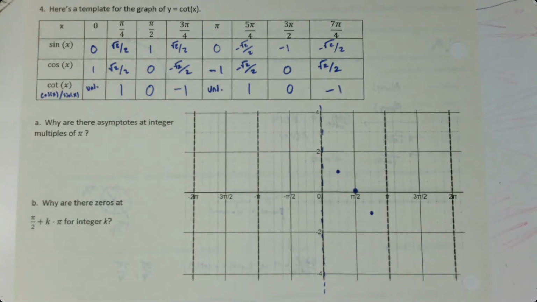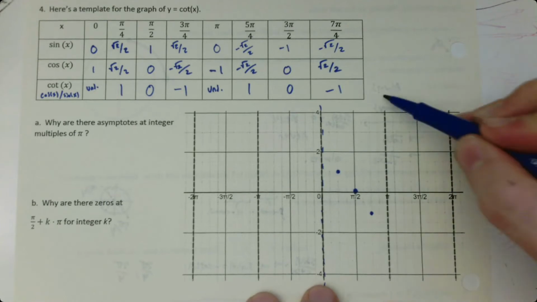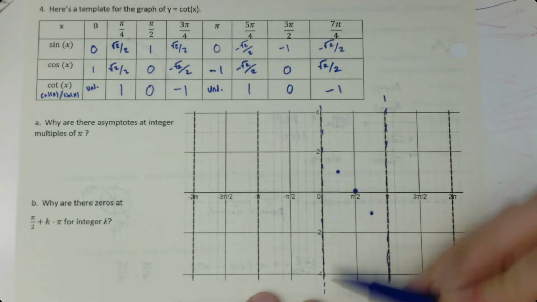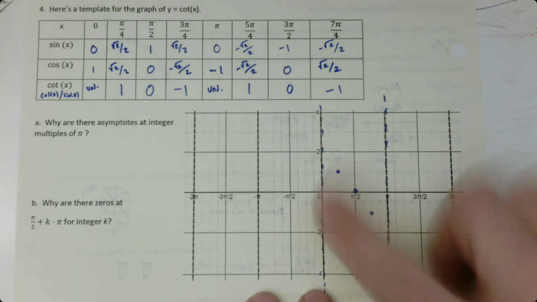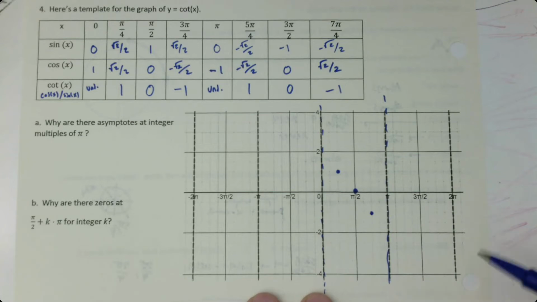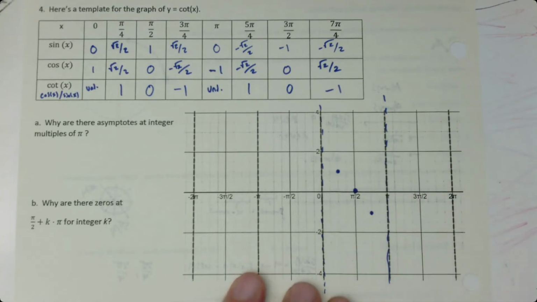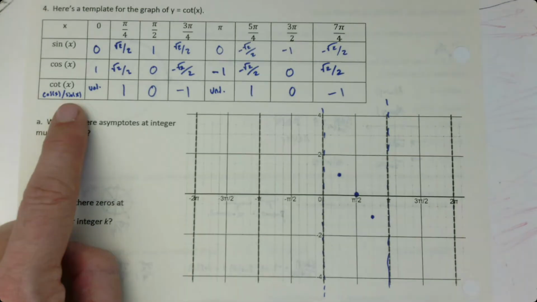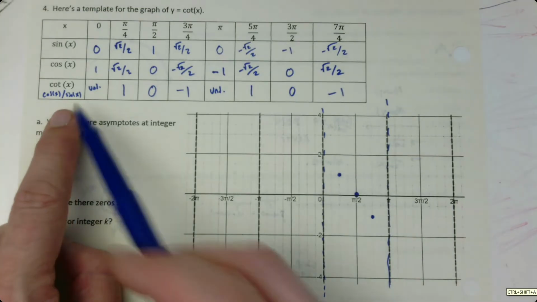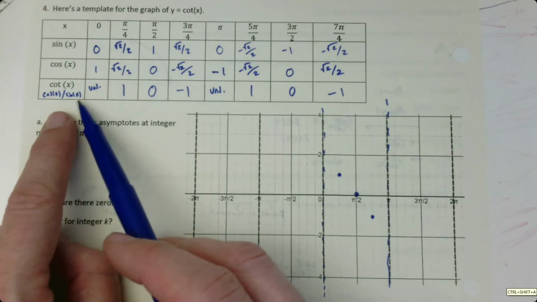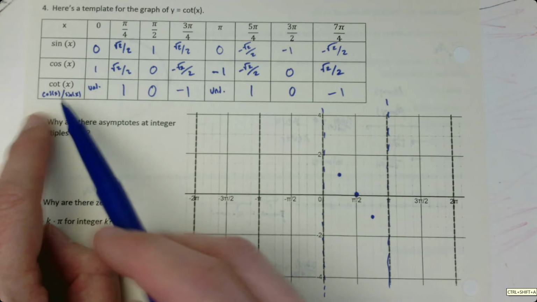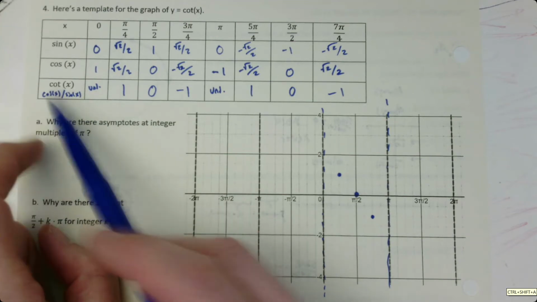So before we continue on, let's think. We've got 2 vertical asymptotes. We've got these 3 points. What does the middle section look like? I think Eliza put it very well when she said, what did she say? She said, whenever sine is close to 0, you have a number divided by a very small number, which becomes very large.